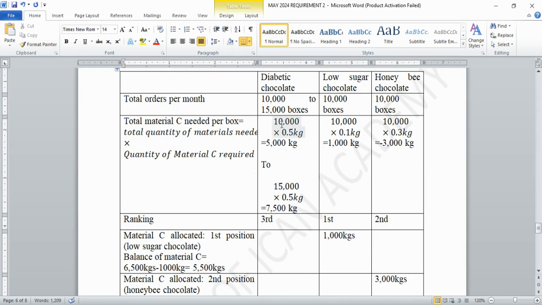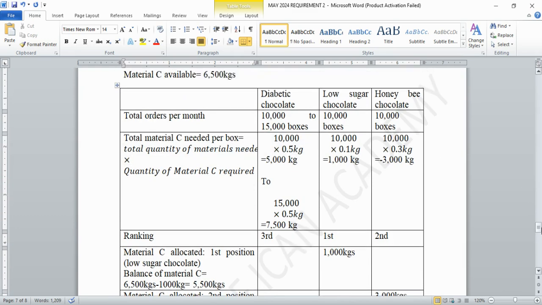They want to make 10,000 boxes of diabetic chocolate, and 10,000 of each of low sugar and honeybee. For that limited resource that we have, how many kg do you need per one? Because we only have 6,500. This one needs 5,000, this one needs 1,000, this one needs 3,000.